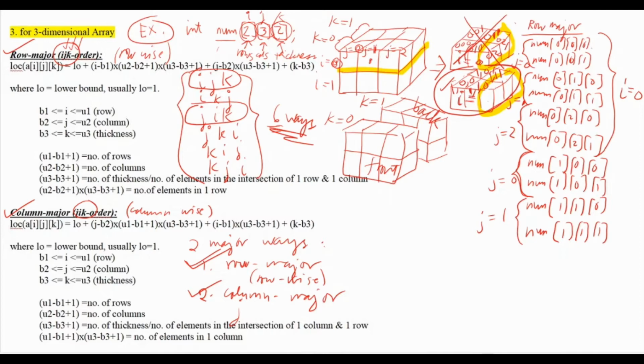The first element on the third column of the second row has indices 1 for I, 2 for j, and 0 for k. And at the back it is 1, 2, 1. So we list them here: num 1, 2, 0 and num 1, 2, 1.